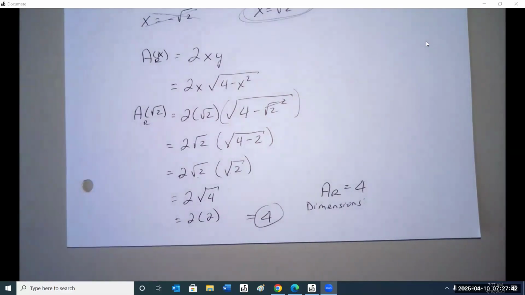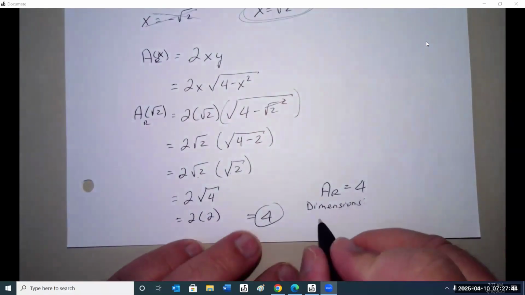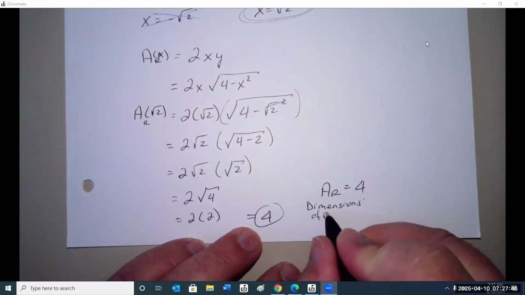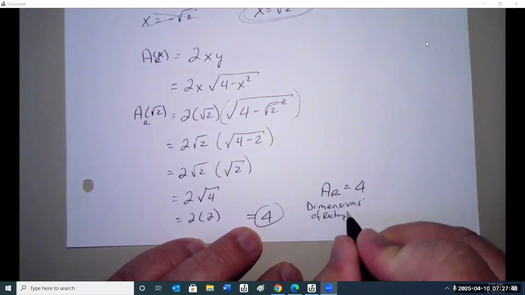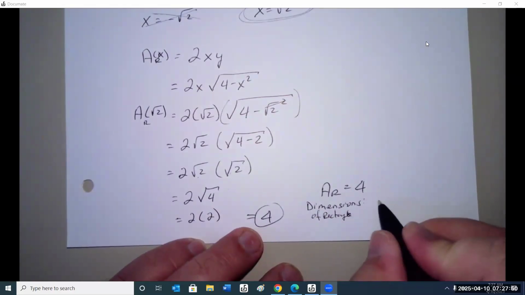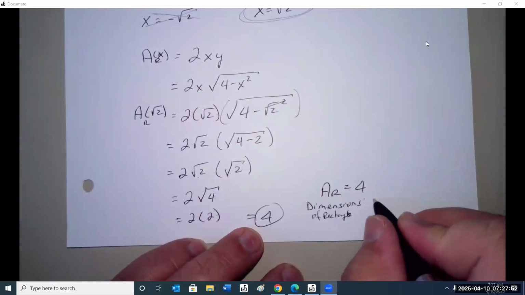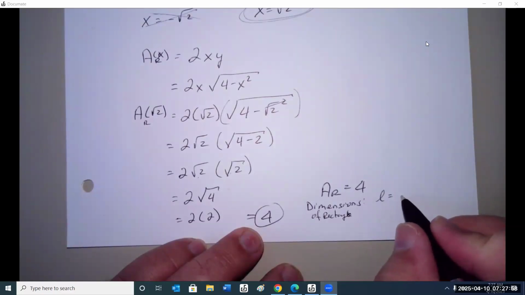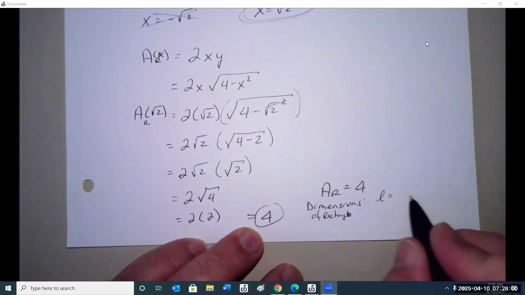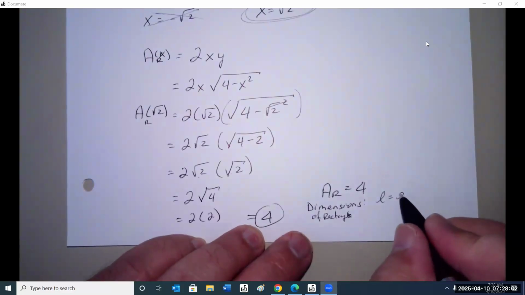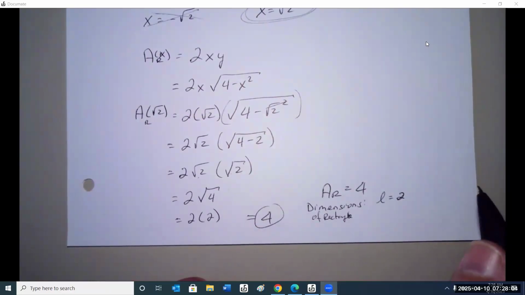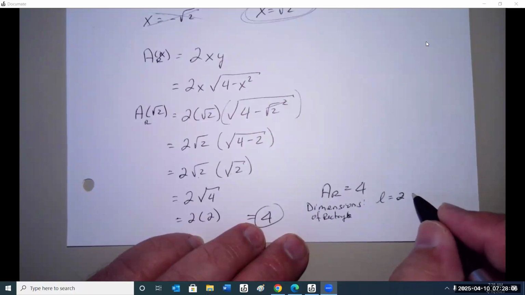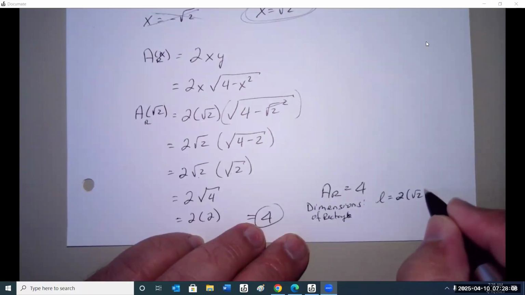What we're looking for is the dimensions of the rectangle. So the length is 2 times the x value, which is 2 times square root of 2.